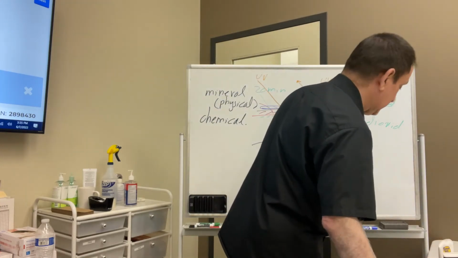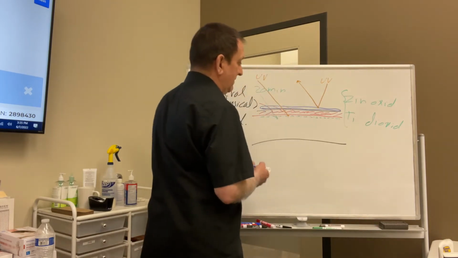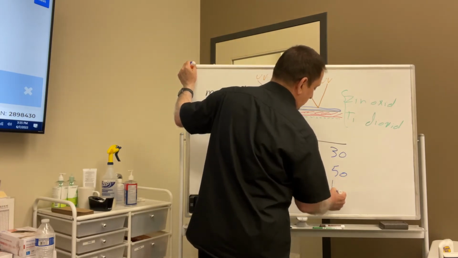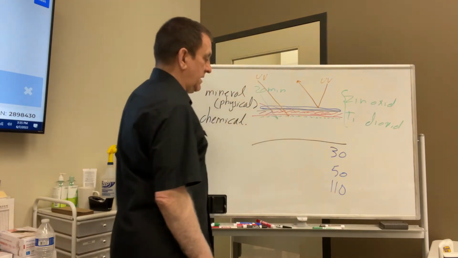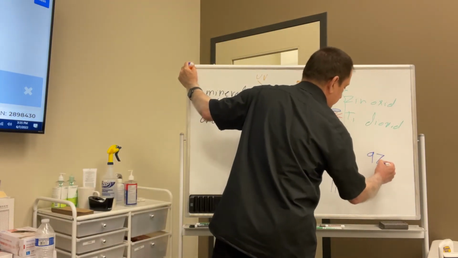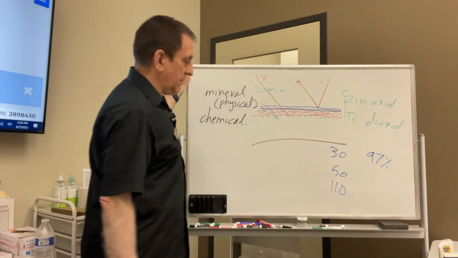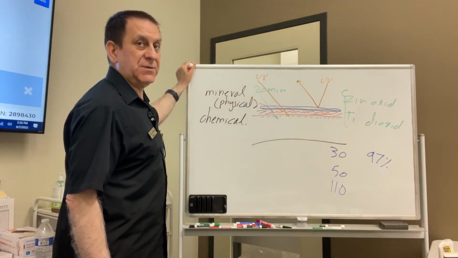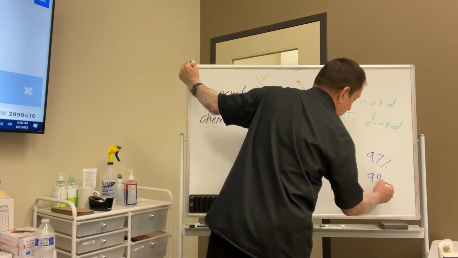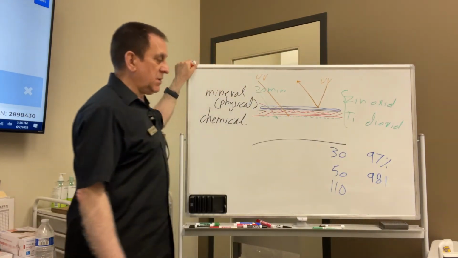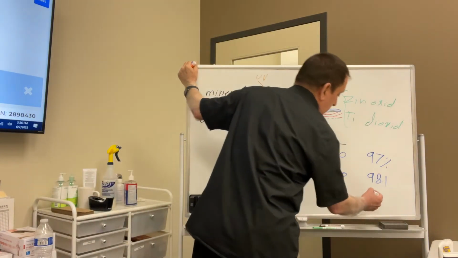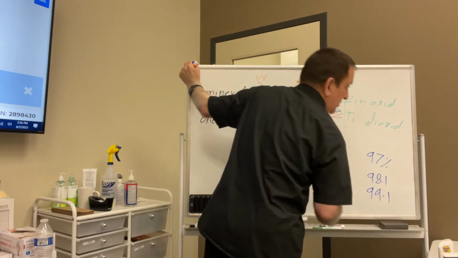The reason is, let's say you have sunscreens with 30, 50, and 110. How much protection do you get with a sunscreen of 30? Let's say about 97%, yes? What about a sunscreen of 50? You get 98.1%. What about 110? You get 99.1%, yes?